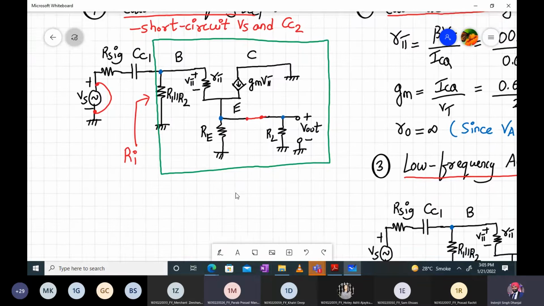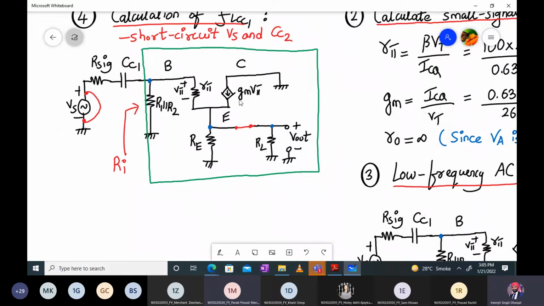Ri. Right. Now, how do we calculate Ri? Obviously, the impedance offered by this current source will be infinite. So from the collector to emitter terminal, we have an open circuit directly. Now, how do we find Ri?